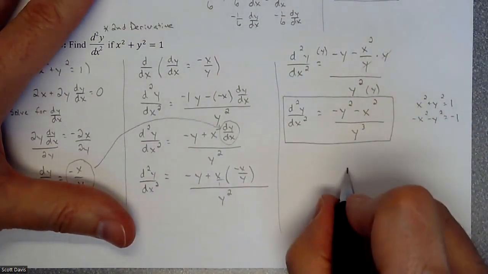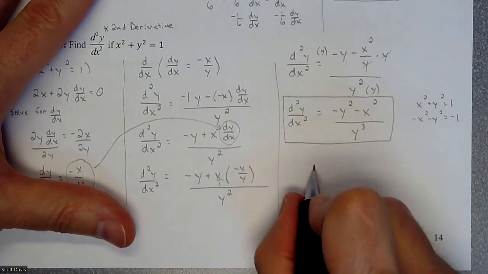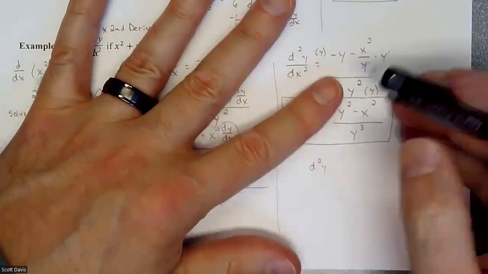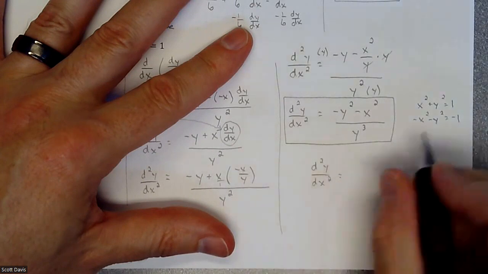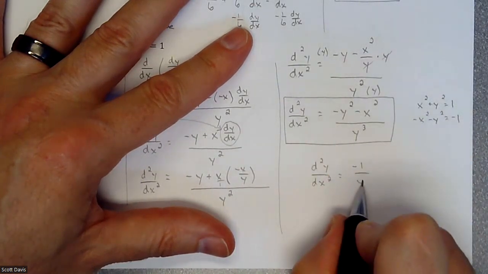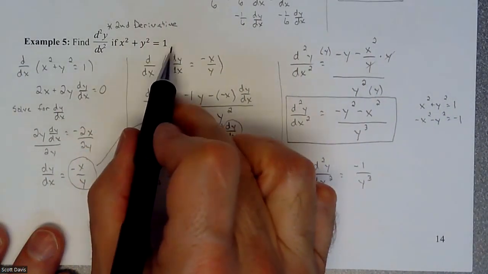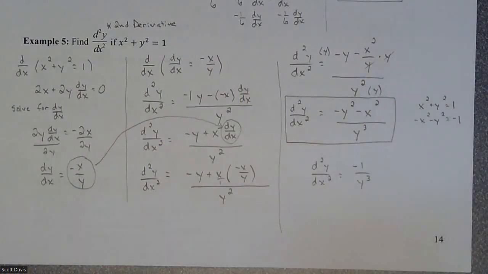We can take this whole thing, d squared y over dx squared, and we can actually rewrite this whole numerator as a negative 1 over our y cubed. Right? Because we know that that equation is constantly going to equal 1. Well, if I change the signs, then it's going to constantly equal negative 1.